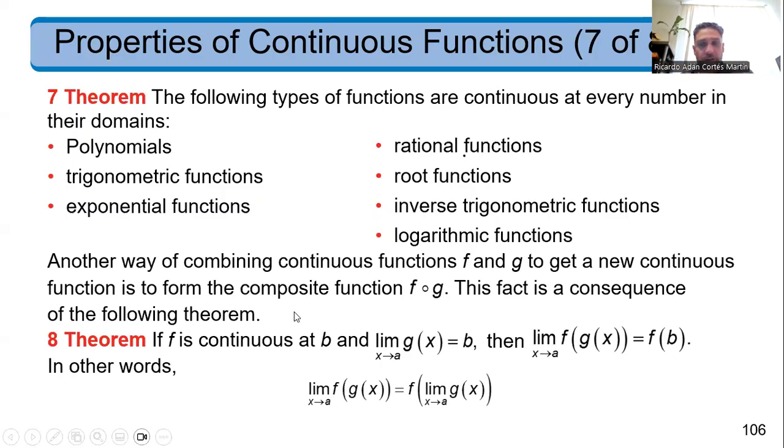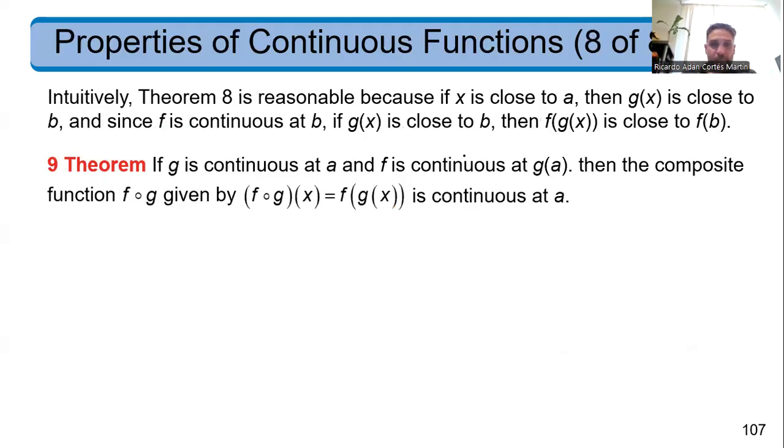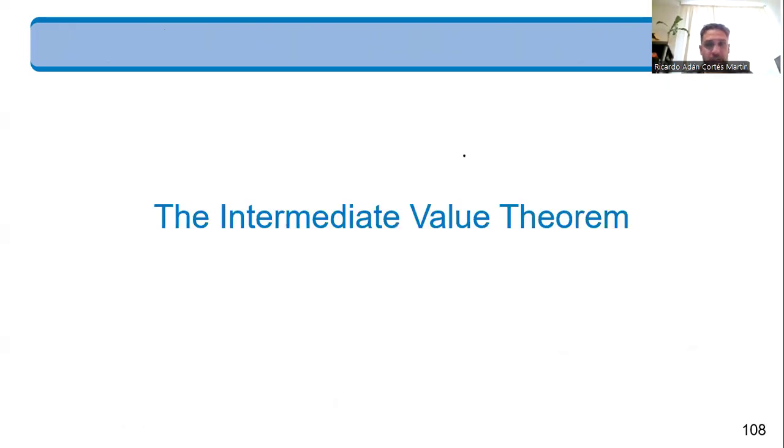And also, the composition of functions is continuous. If we have two functions, f and g, that are continuous at a given point, then the composition is going to be continuous.